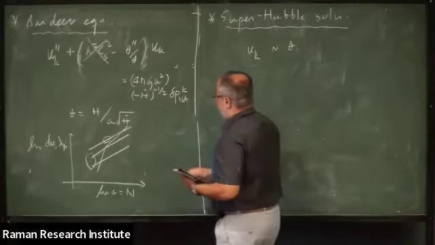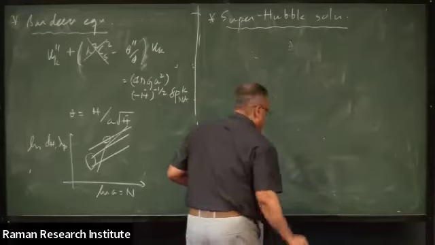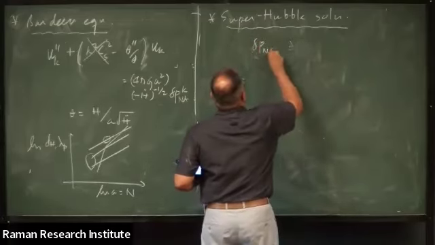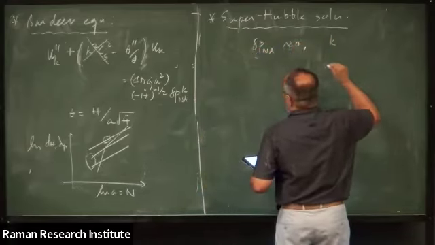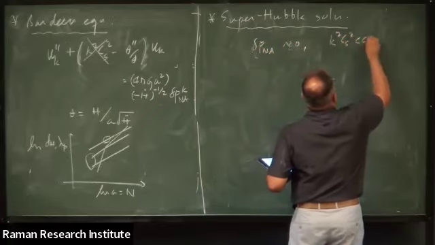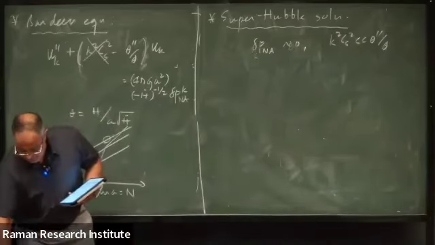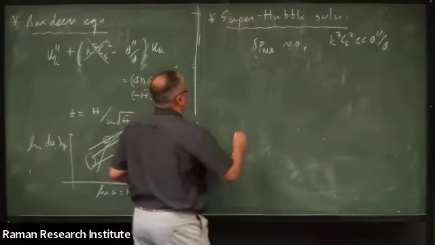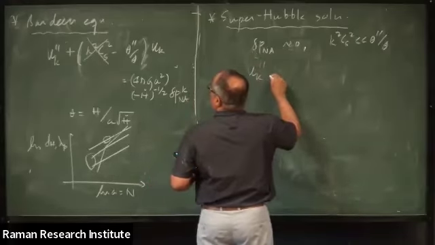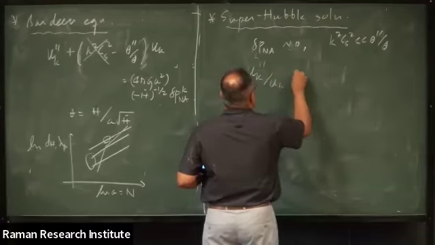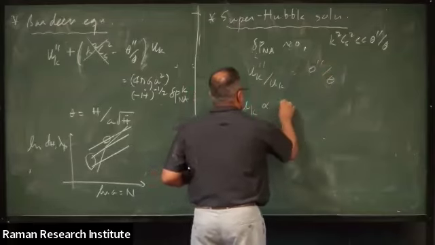That's clear, right? So super Hubble modes, when delta P NA is negligible, 0, and K squared C_S squared is much, much smaller than theta double prime by theta. That's the domain we are interested in. In that domain, what happens? Once you have this equation, U_K double prime divided by U_K equal to theta double prime by theta. So it's clear, one solution is U_K is proportional to theta of eta.